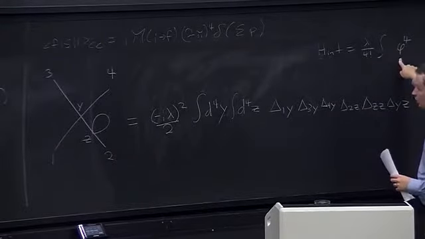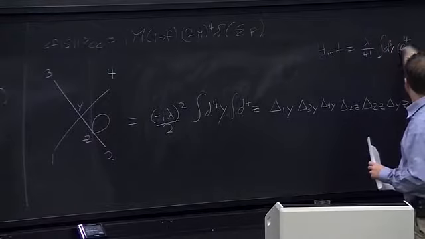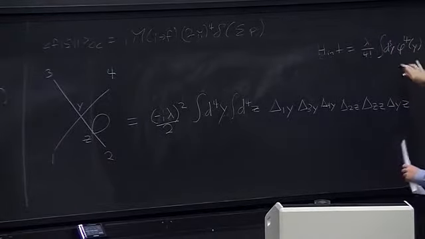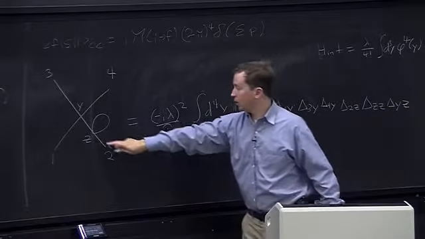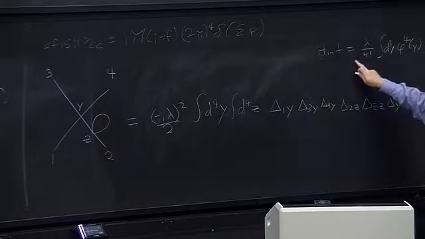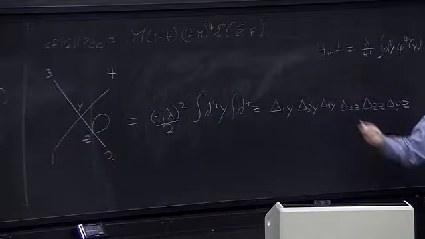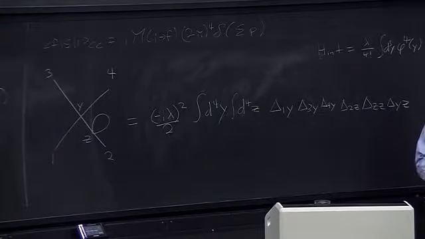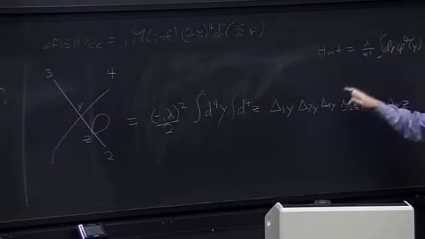And so every time we have 4 fields at the same point, it also comes with a factor of minus i lambda and an integral. The minus i came from the fact that the exponential's integral had a minus i in it, and it also had an integral with respect to time that turned this d3y into a d4y.